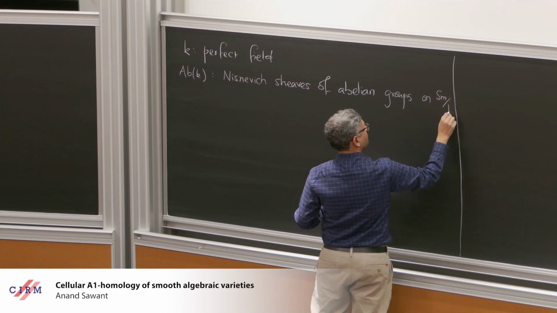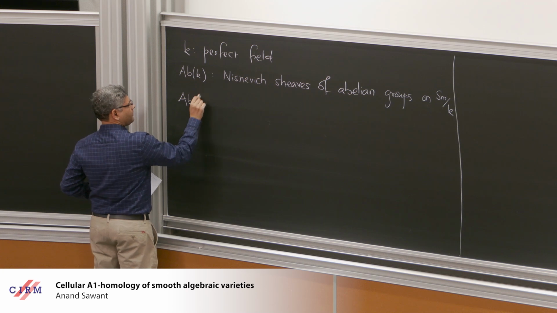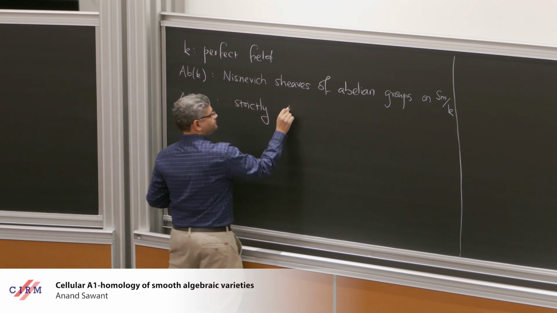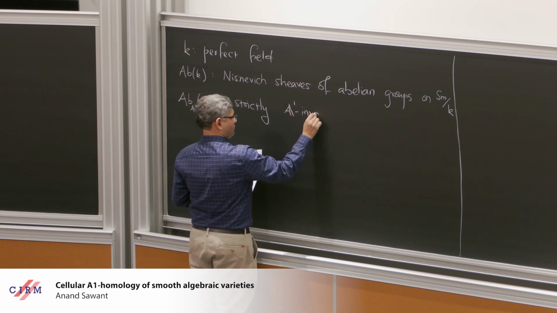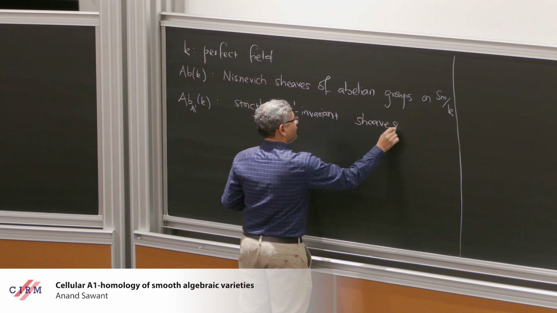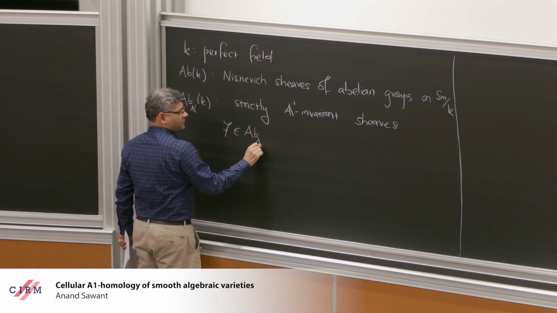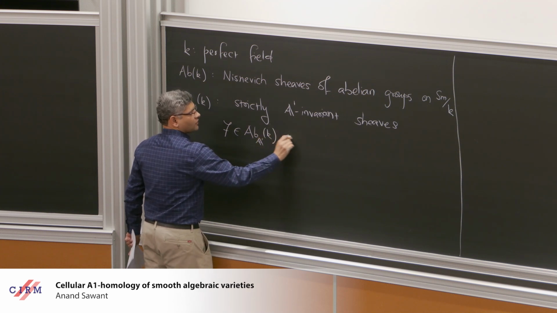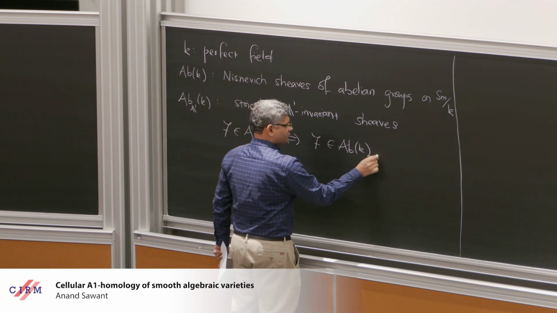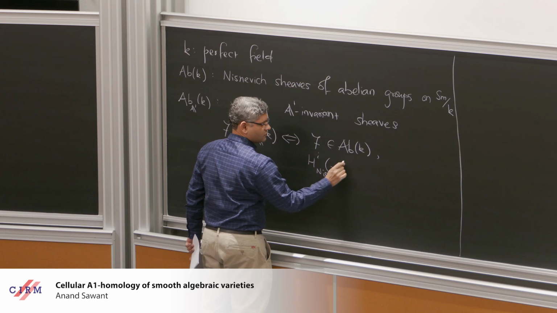And I'll denote by Ab A1 K the category of strictly A1-invariant sheaves. Just to recall, a Nisnevich sheaf of abelian groups is strictly A1-invariant if and only if all its Nisnevich cohomology presheaves are A1-invariant.